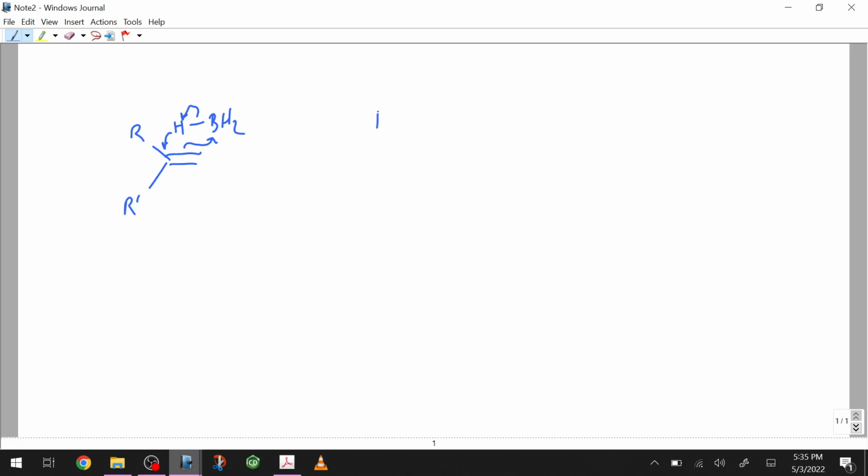So if I had just this, the simplest possible alkene with an aromatic ring on it, if I drew a resonance structure for that, this is much more reasonable, because it has a cation in a place where it's available for resonance.